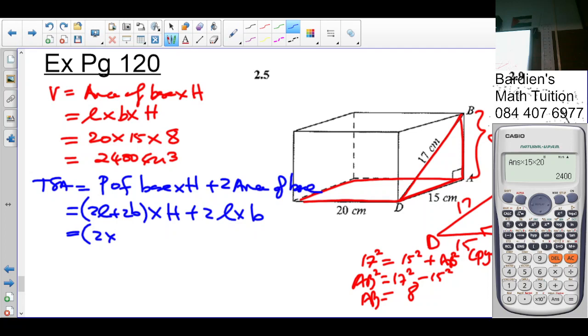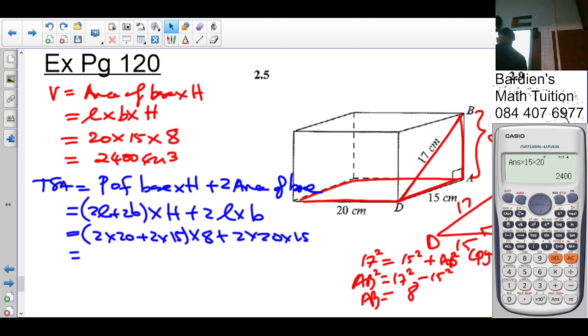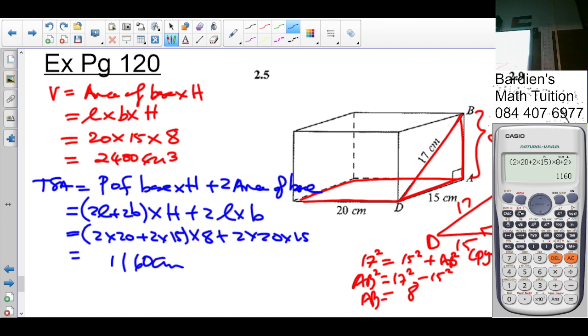So it's 2 times, what's my length? 20, plus 2 times the breadth, which is 15, times the height, 8, plus 2 times my length, 20, times my breadth, 15. Brackets, 2 times 20 plus 2 times 15, times 8 plus 2 times 20 times 15. They give you 1160 centimeters.